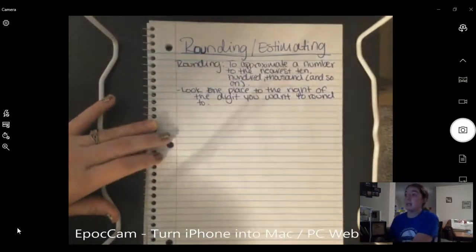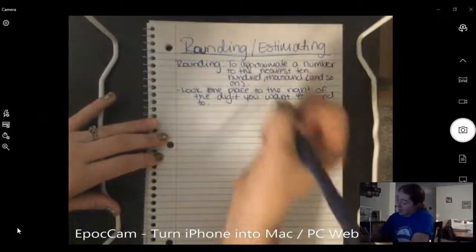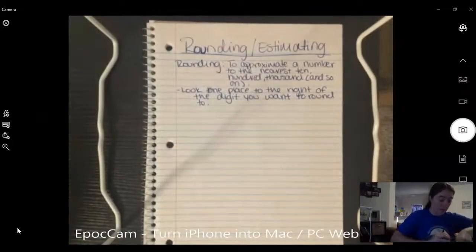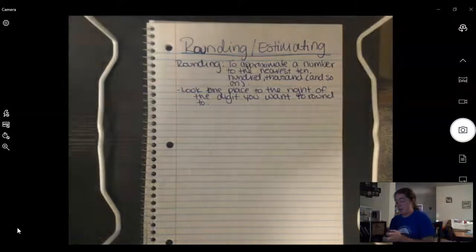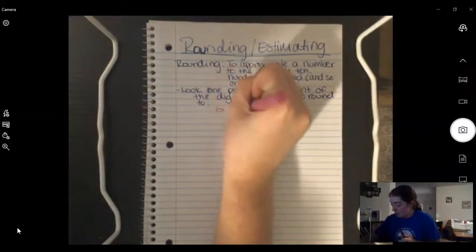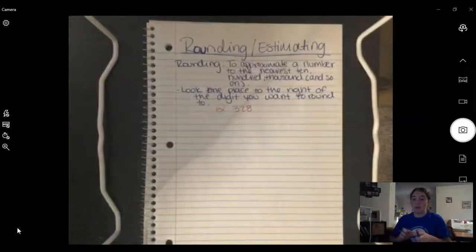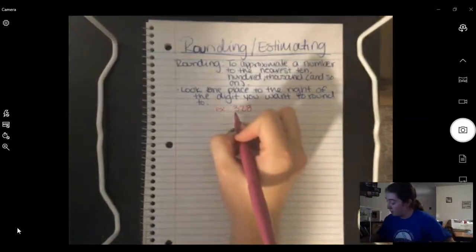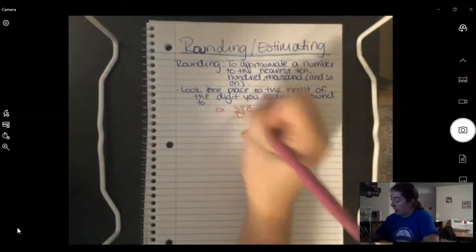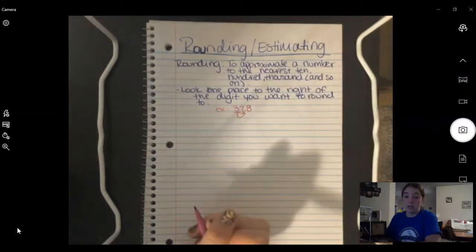So what this means is, if we have our example, the number 328 and I want to round to the nearest 100, well, I look to the place value to the right to be able to round it.